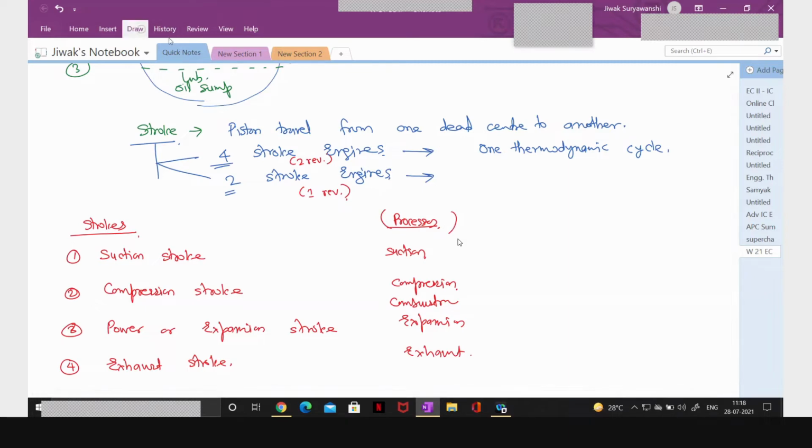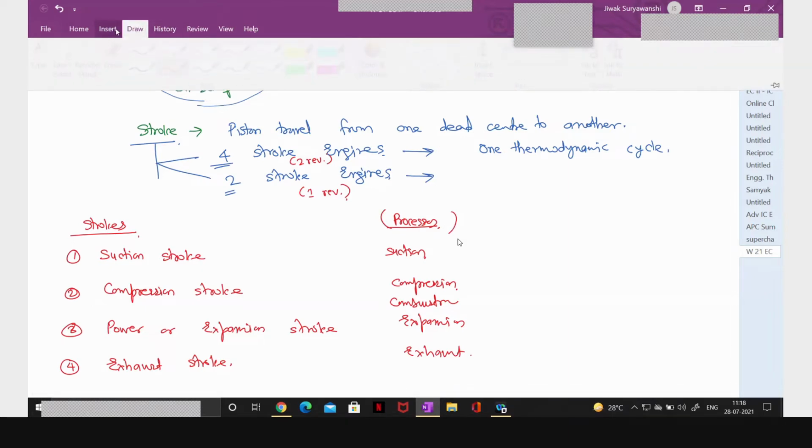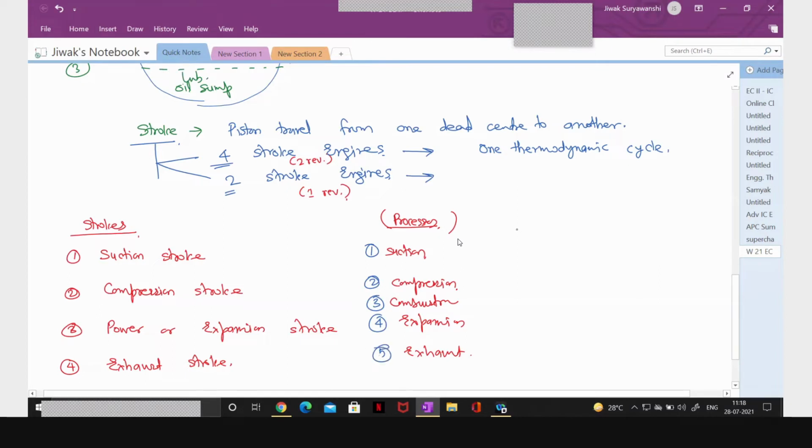Process 1, process 2, process 3, process 4 and process 5. All five processes will occur whether it is a two-stroke engine or four-stroke engine.